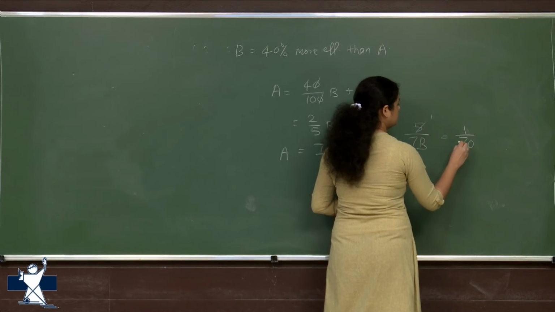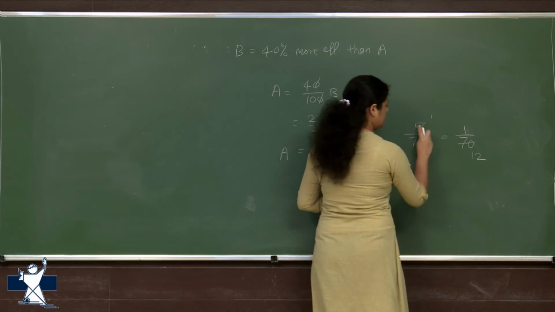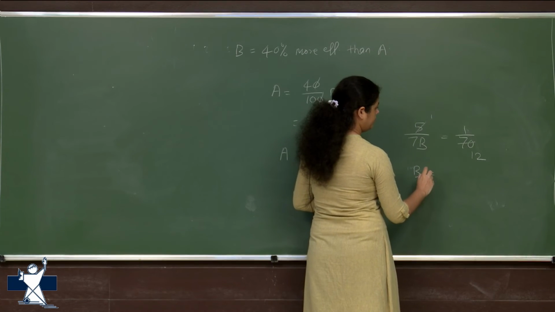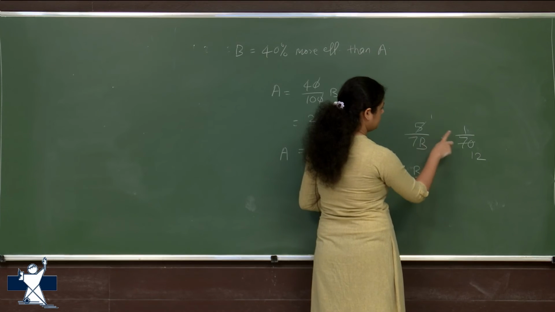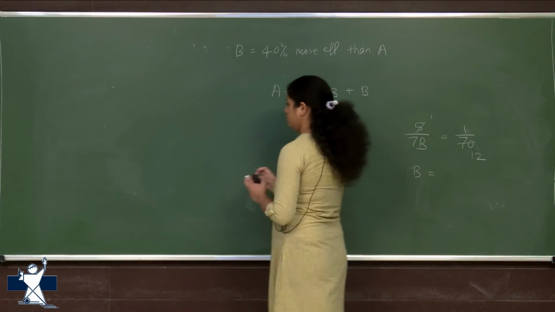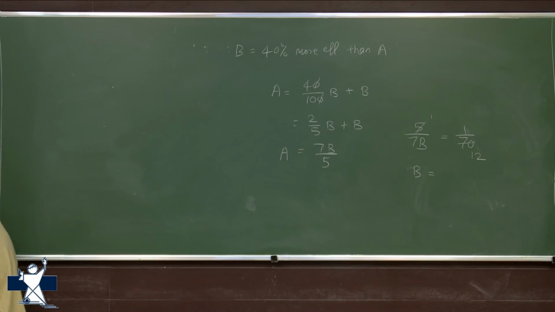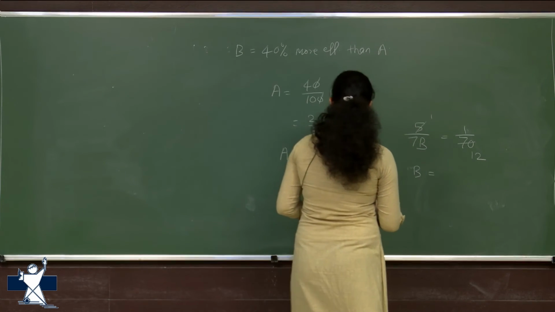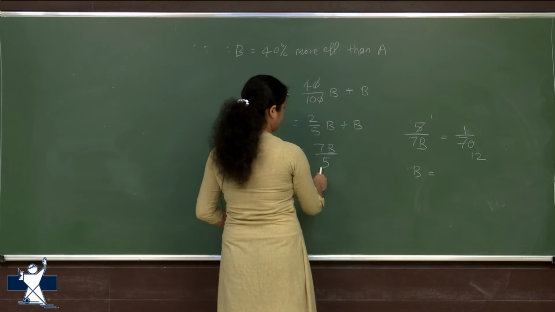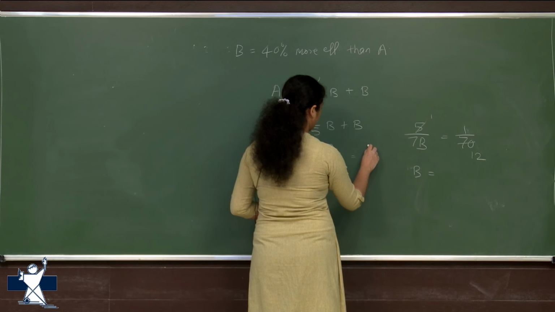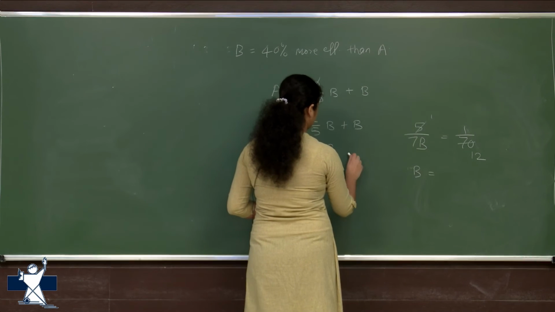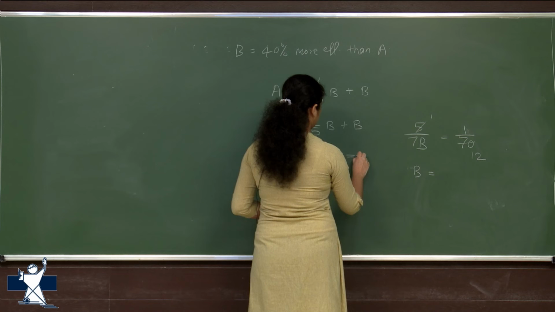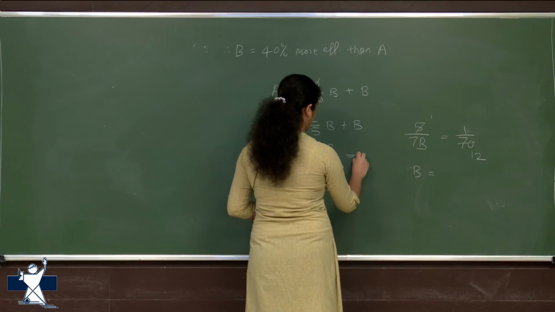So we can just cross multiply. 7, 10. So 7b equal to 5 is equal to 70.